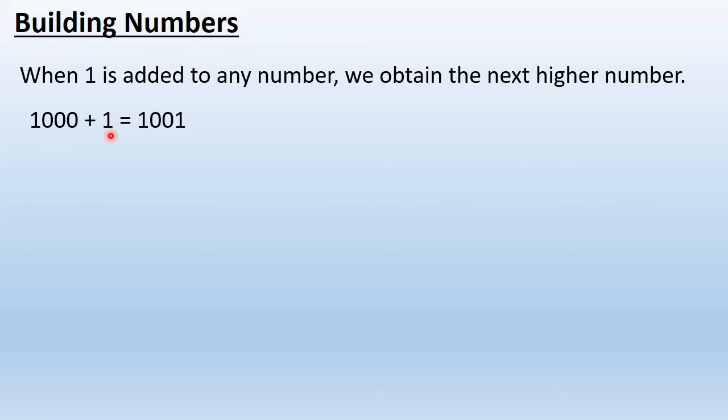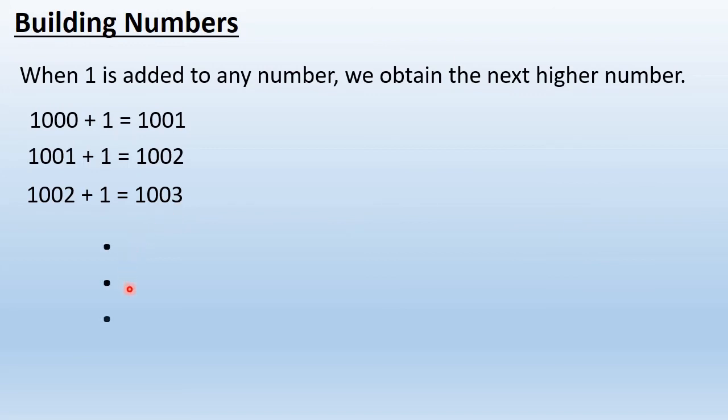If 1 is added to 1000, we get 1001. When 1 is added to 1001, we get 1002. When we add 1 to 1002, we get 1003, and so on.